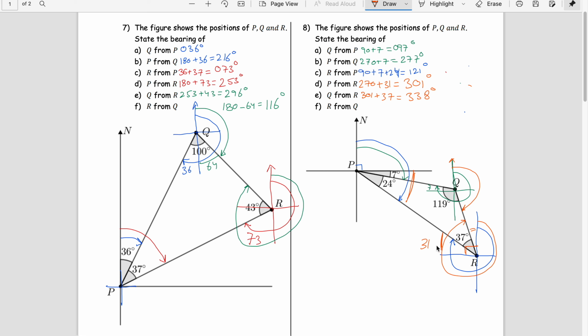If you take away this 37 and 31, so 90 minus 31 minus 37, this is 22. So you bring this 22 right here as alternate angle. Now take away this 22 from 180. So 180 minus 22, you're left with 158 degrees.